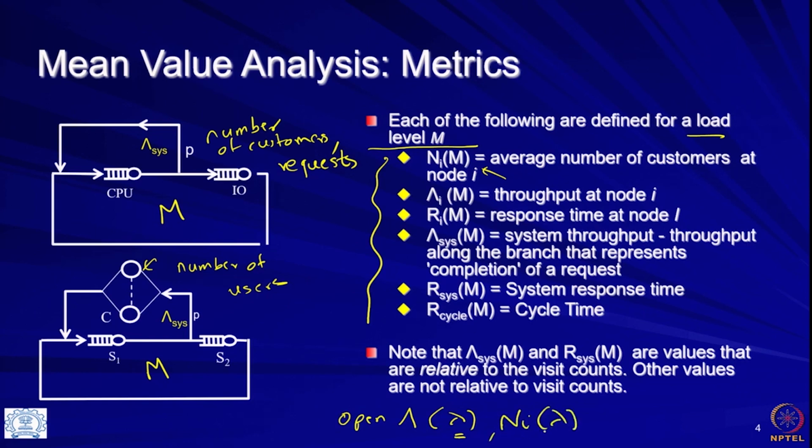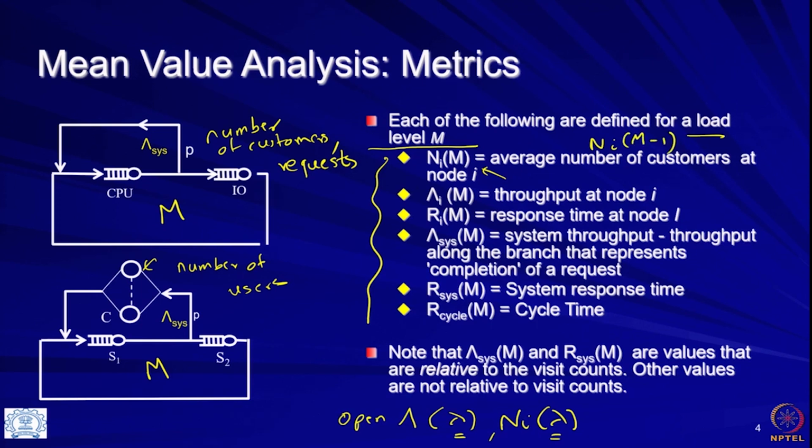We did not follow the convention of putting this lambda, which was the external arrival rate, in the brackets, because there was no iterative algorithm or anything in terms of lambda. Here we put this m explicitly because the mean value analysis is an iterative algorithm where we derive all of these parameters, starting from n_i(m-1), we derive all of these.